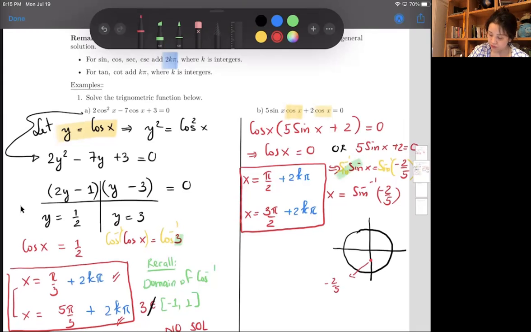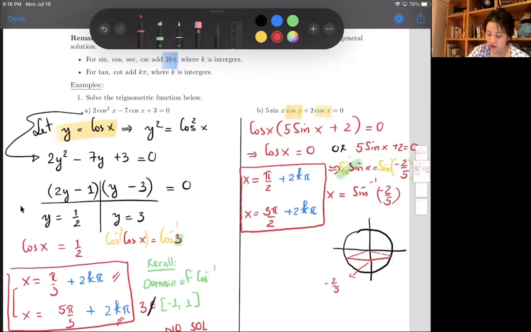Okay. And then we want sine of negative 2/5. Sine is y, right? Sine is the y-axis. So x equals sine inverse of negative 2/5.